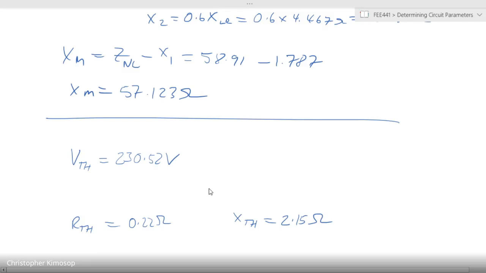I believe the motor tests will be part of your lab work. If I'm not wrong, there should be some lab work going on in parallel with this. So I guess you'll be able to see the practical aspects of actually determining these parameters.